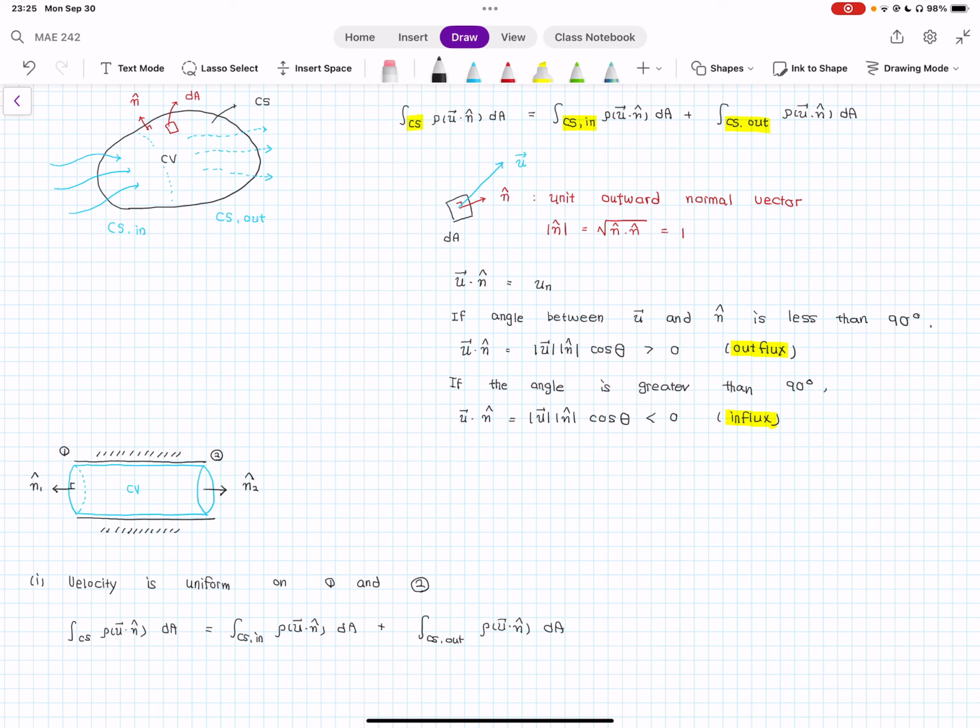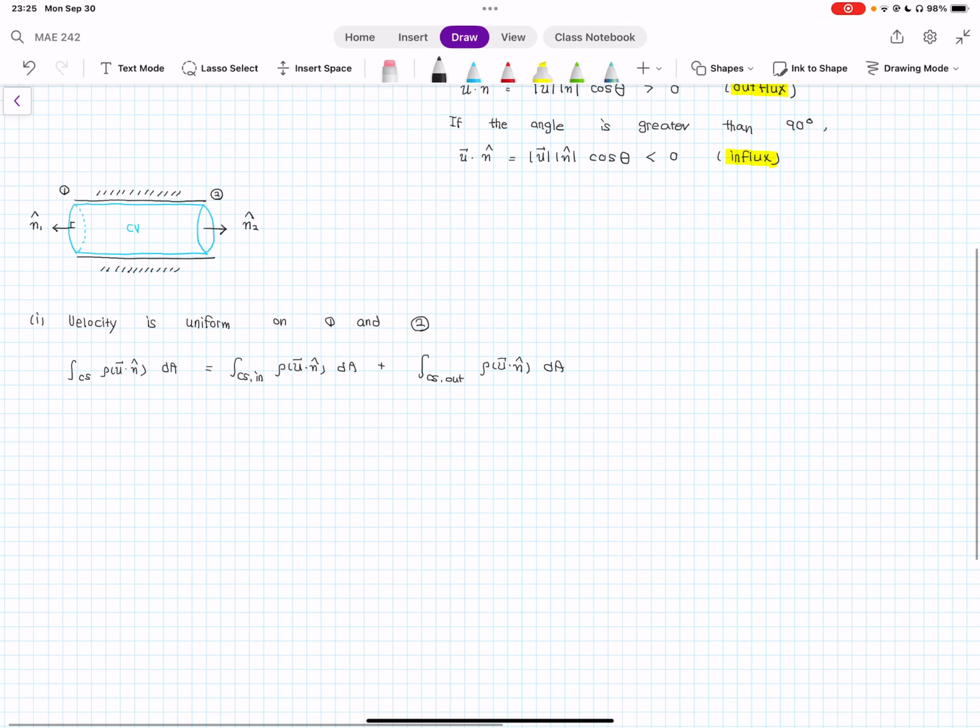So you first need to identify on which control surface we are gaining fluid particles, and on which surface we are losing fluid particles. And how do we do this? Here the flow goes from left to right, which I should have mentioned. So in this case, we have a uniform fluid going to the right. This is my velocity vector, but I can suppress the vector notation because this is a uniform flow.